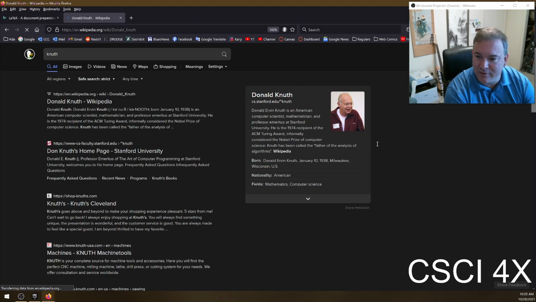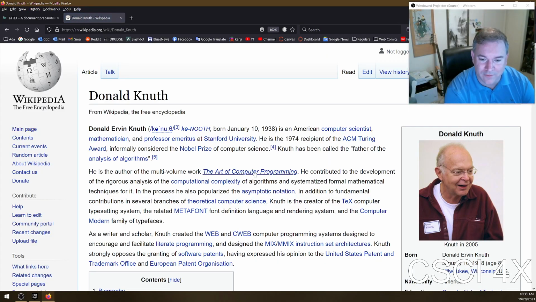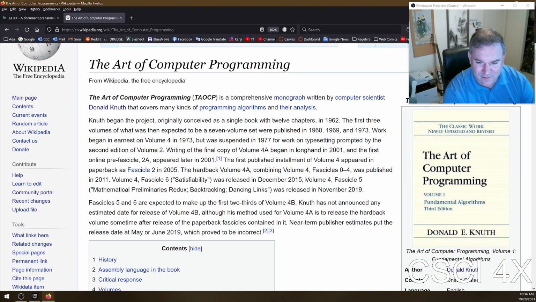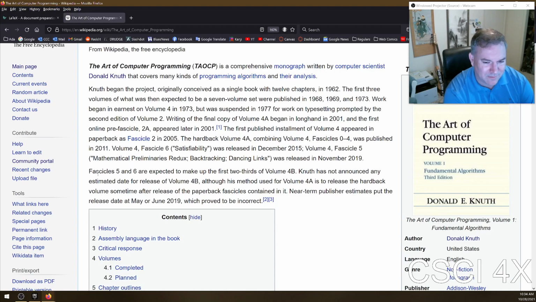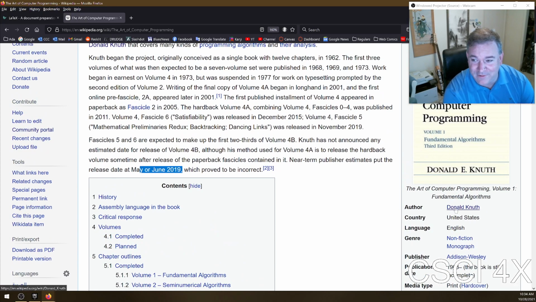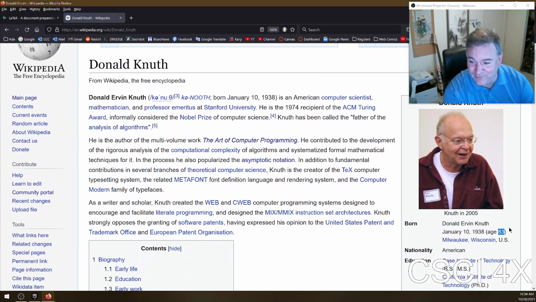He's a Stanford professor who wrote The Art of Computer Programming, which is finished now? Did he finally come out with it? Yeah. For 2019. Is he done with it? No, not done with it yet. Planned, yeah. I think the clock's ticking on him because the dude's 83 years old.